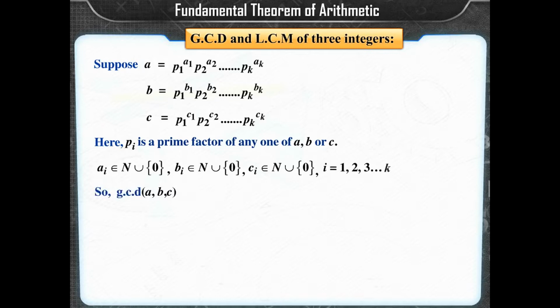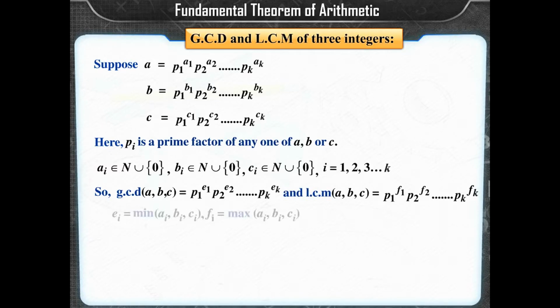So, GCD of ABC is equal to P1 raised to E1, P2 raised to E2 up to Pk raised to Ek. And LCM of ABC is equal to P1 raised to F1, P2 raised to F2 up to Pk raised to Fk. Ei is equal to minimum of Ai, Bi, Ci.